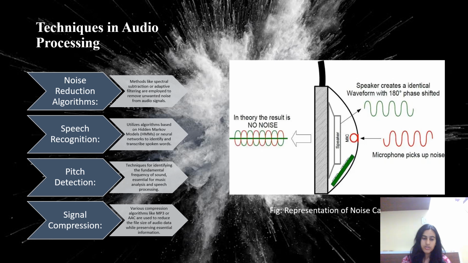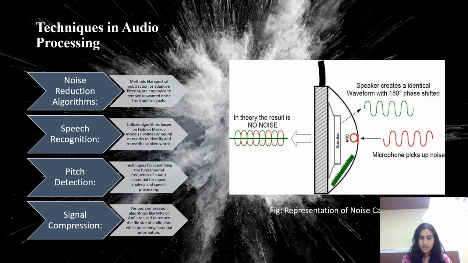And pitch detection is basically identifying the fundamental frequency of a particular signal, which is helpful in later analyzing the signal. And signal compression is reducing the size of a particular signal without much affecting its quality.